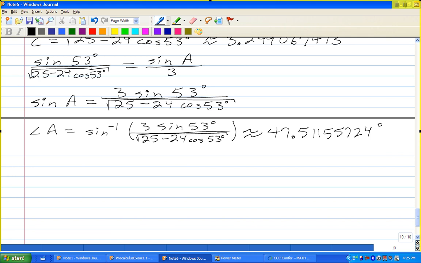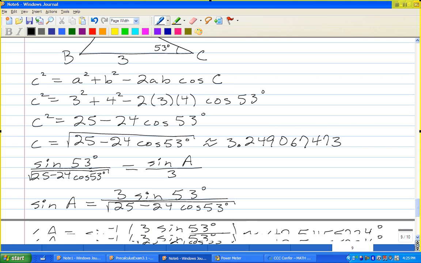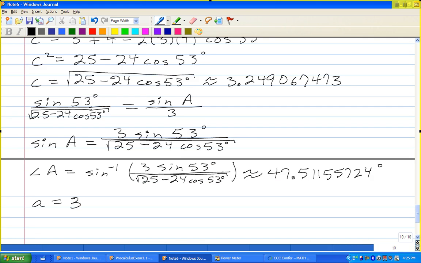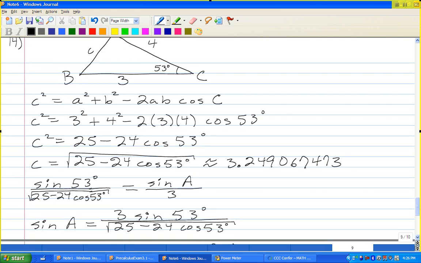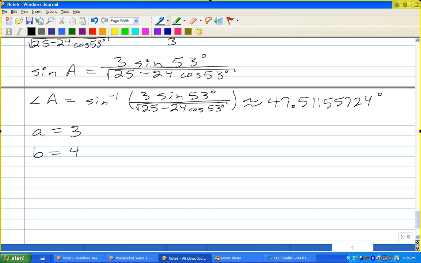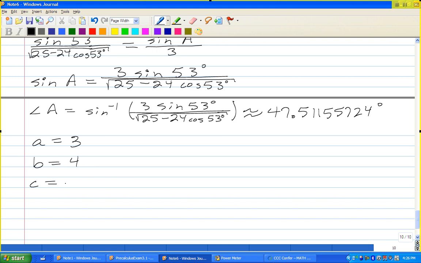So I have A is 3, B is 4, C is the square root of 25 minus 24 cosine of 53 degrees.